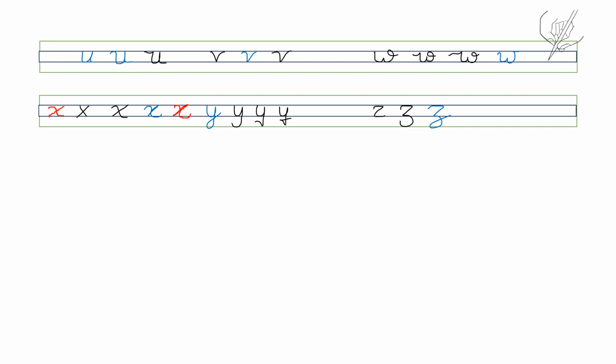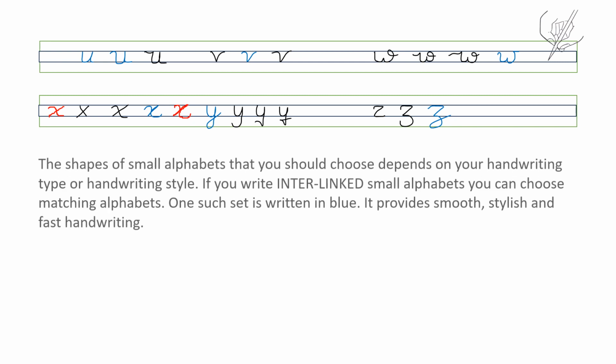And third and fourth for style. Same way Z, small z can be written between the middle lines only, or you can bring it to the lower lines also. And this shape, the last one, is good for continuous writing.